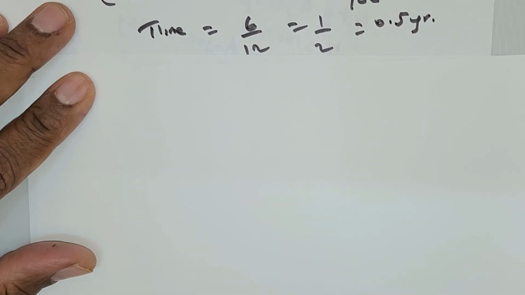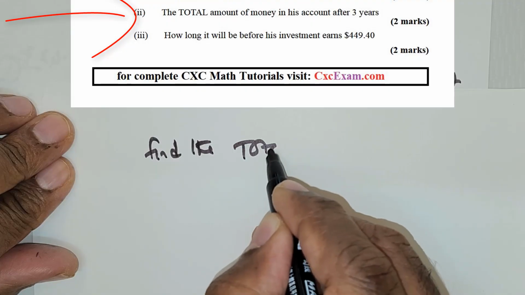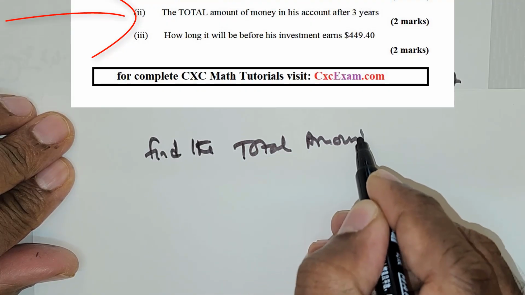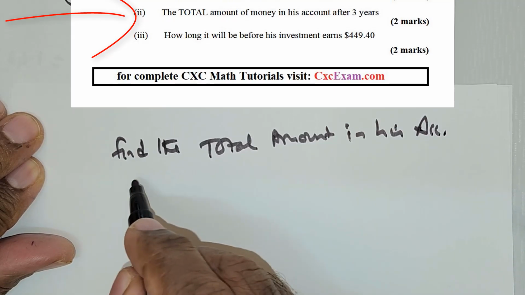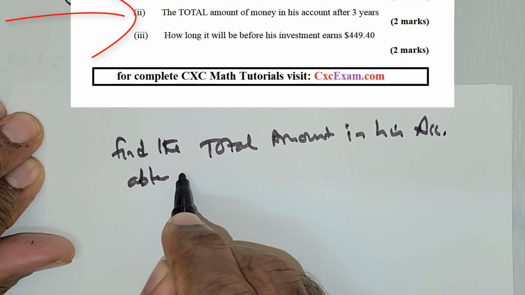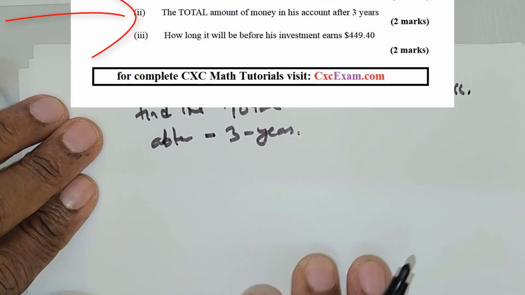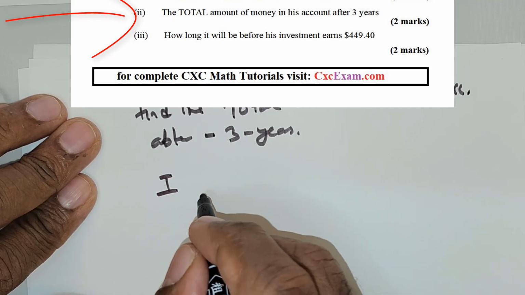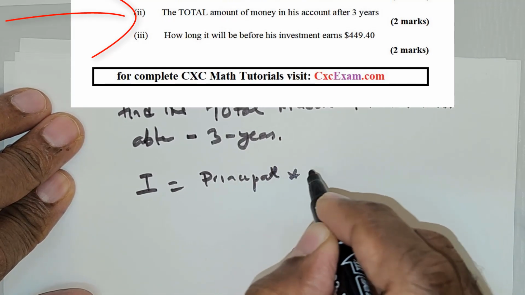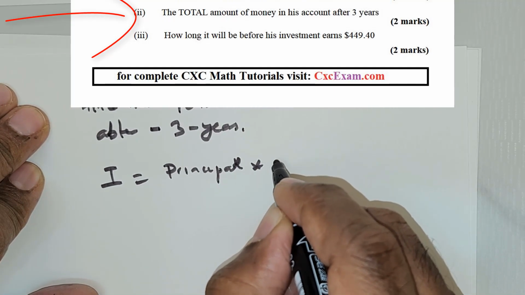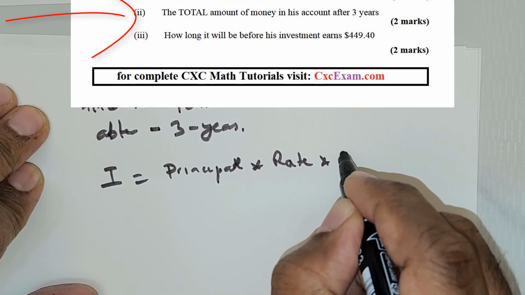The next part is asking us to find the total amount in his account after 3 years. So we have to first calculate the interest. So interest is nothing but principal times rate of interest, and this is the time.